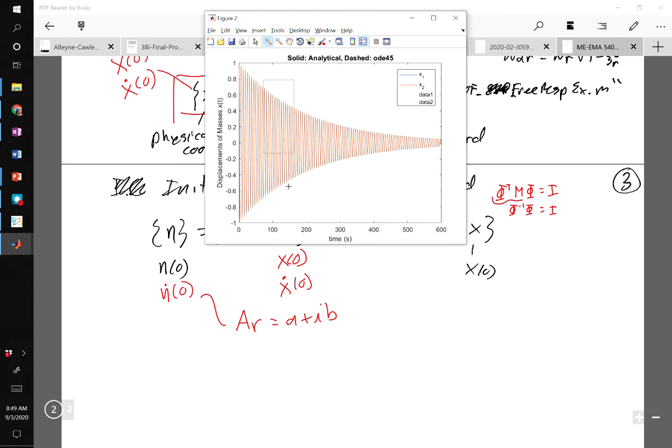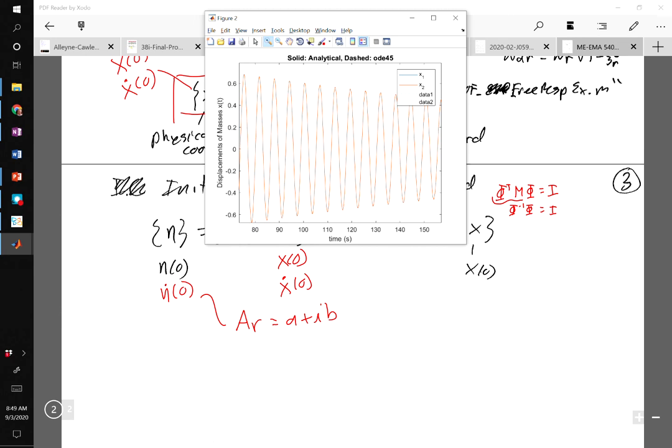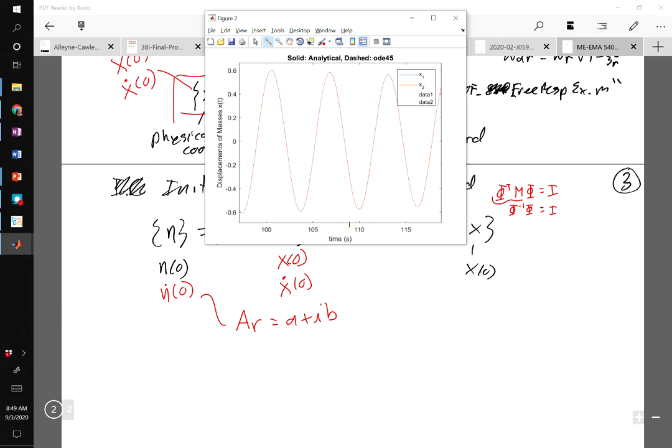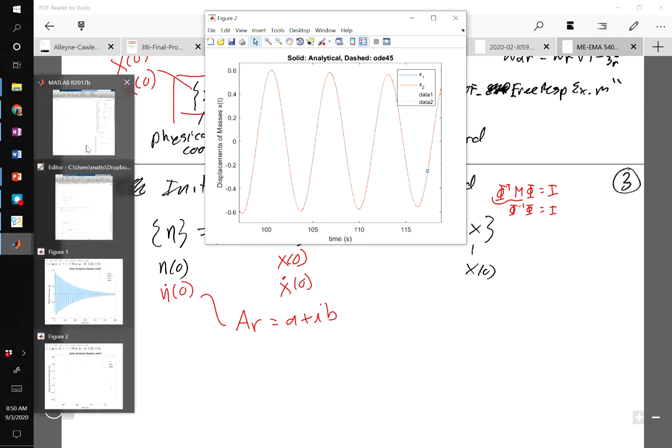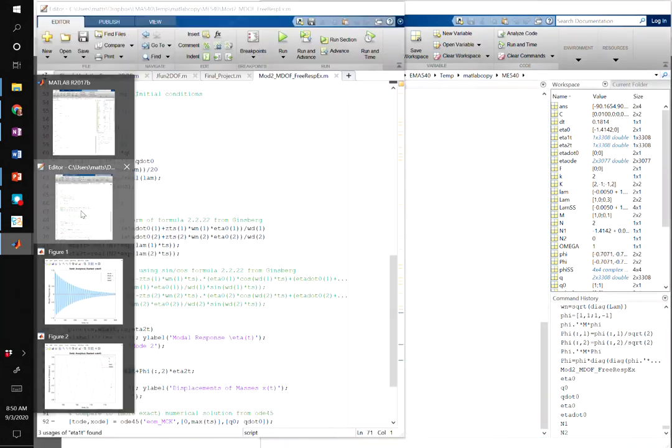And notice here that what I'm getting is the two are right exactly on top of each other. There's extra lines there so it's hard to see. But anyway, x1 and x2 are moving together. That's the two masses moving in sync. So that's perfectly a motion of mode 1 only.